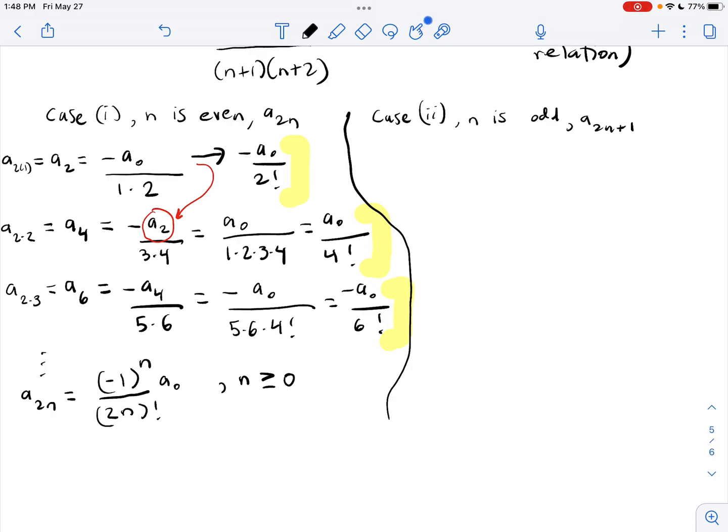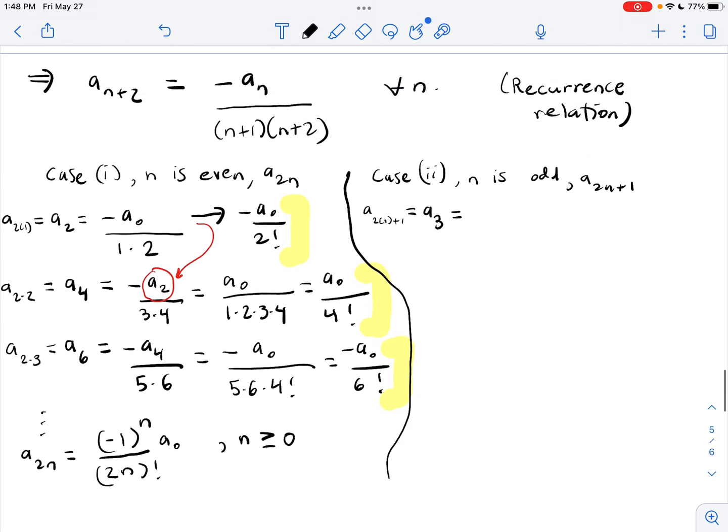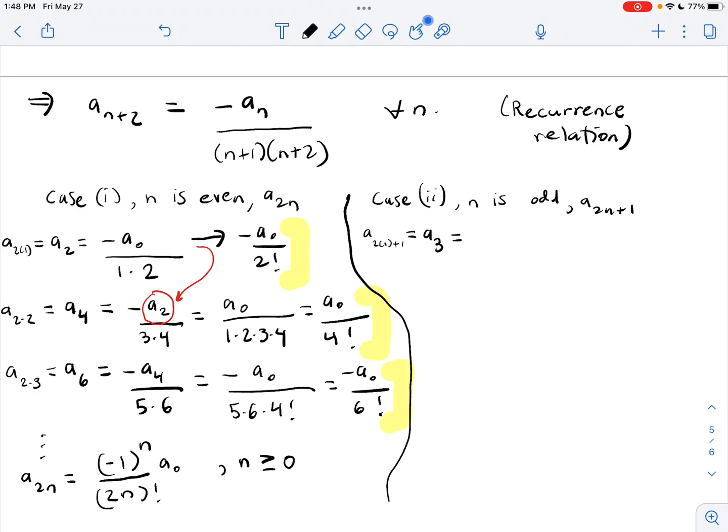So let's start with a3. A3 is like 2 times 1 plus 1, right? So if we use this relationship up here, that means if we subtract 2 from that, it's going to be negative a1 divided by 2 times 3, right? 2 times 3.